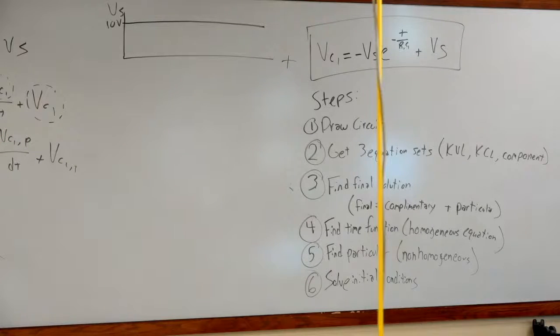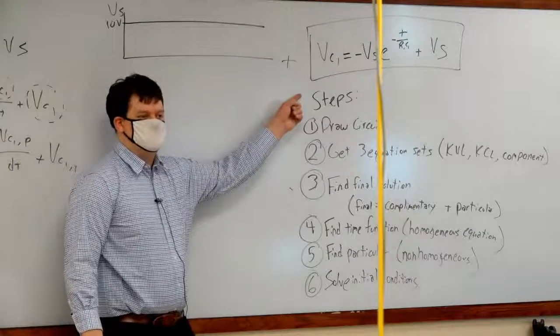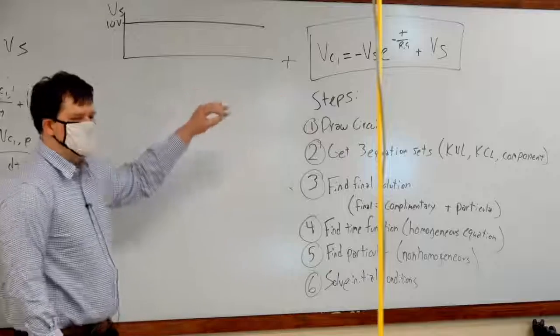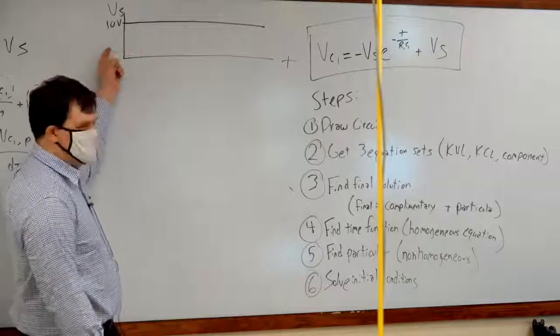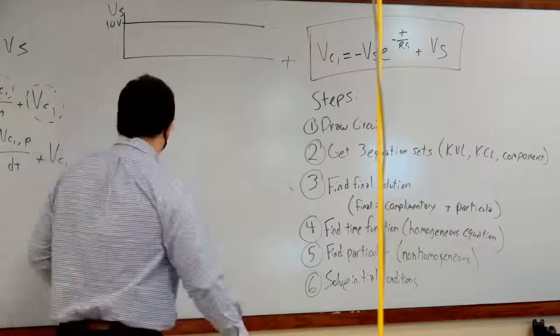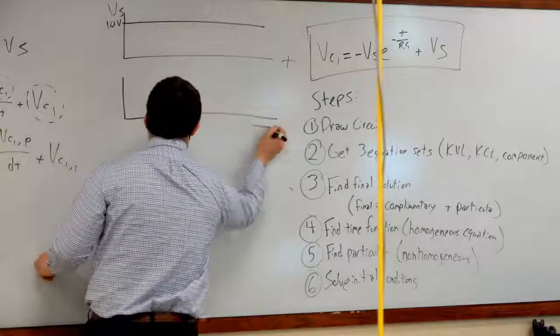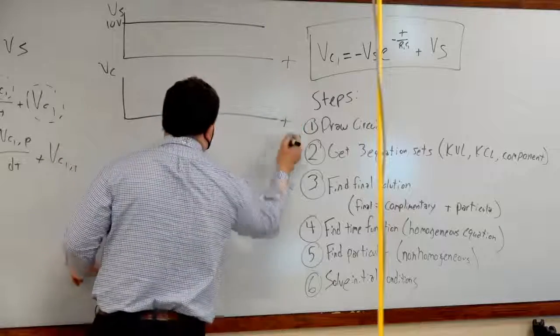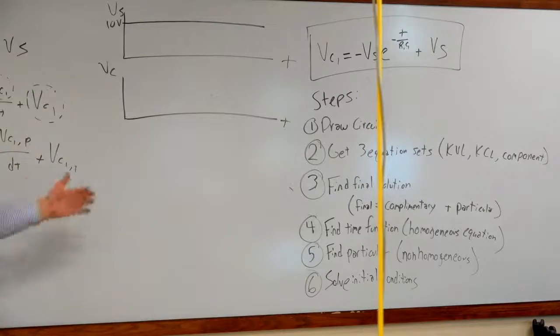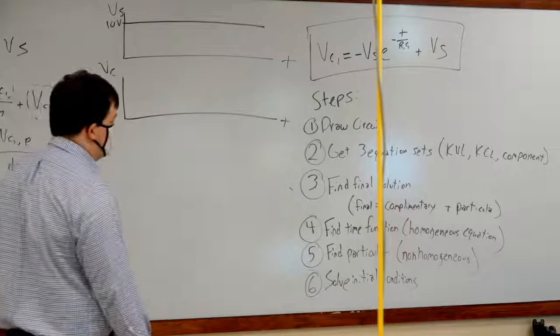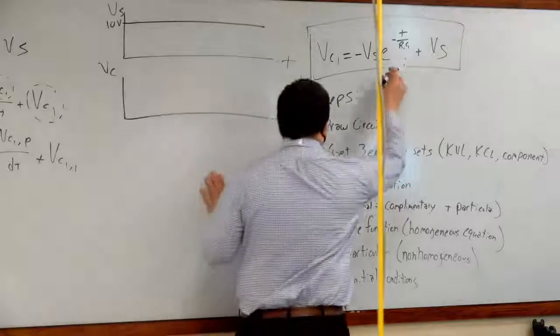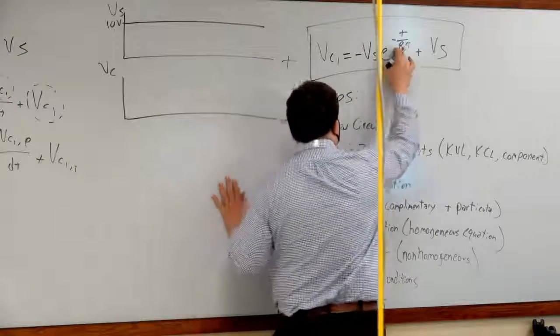Okay? Now we know that at all times t, our voltage across our capacitor has to add to our voltage across our resistor. What we solved for was VC. So we can actually solve for VR by just taking VS minus VC. Okay, so let's go ahead and plot out what VC looks like. Well, we know VS is equal to 10. We know R1, C1. Well, it's equal to something. It's going to be an exponential function, but it's going to experience exponential decay because this is a negative.